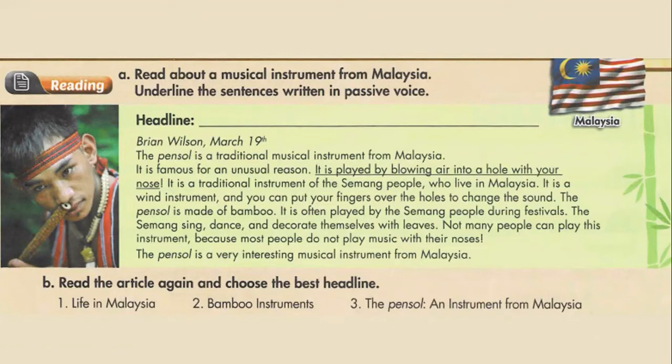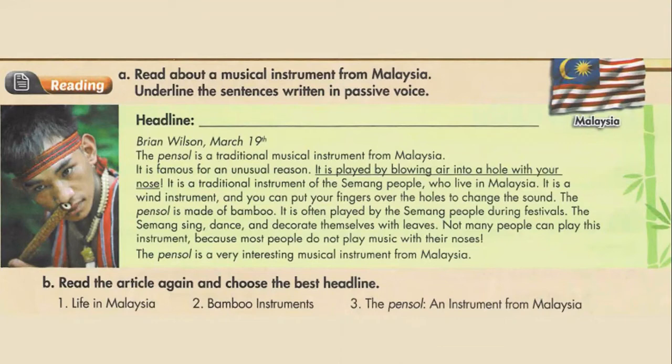The pensol is a traditional musical instrument from Malaysia. It is famous for an unusual reason. It is played by blowing air into a hole with your nose. It is a traditional instrument of the Semang people who live in Malaysia. It is a wind instrument, and you can put your fingers over the holes to change the sound.